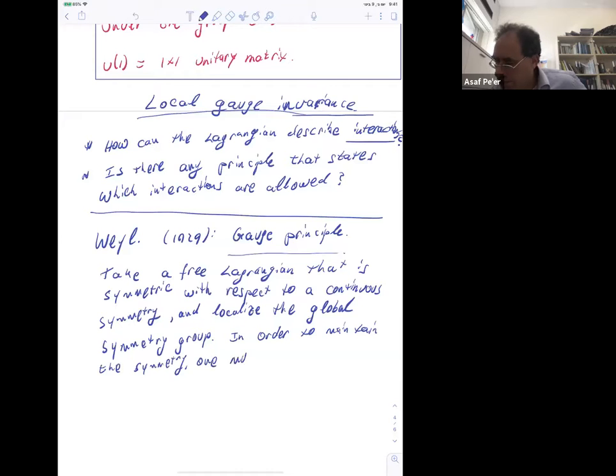One must add a field in such a way that the extended Lagrangian is covariant with respect to the new group of local transformations. This is going to be the interaction field. Let me demonstrate that.